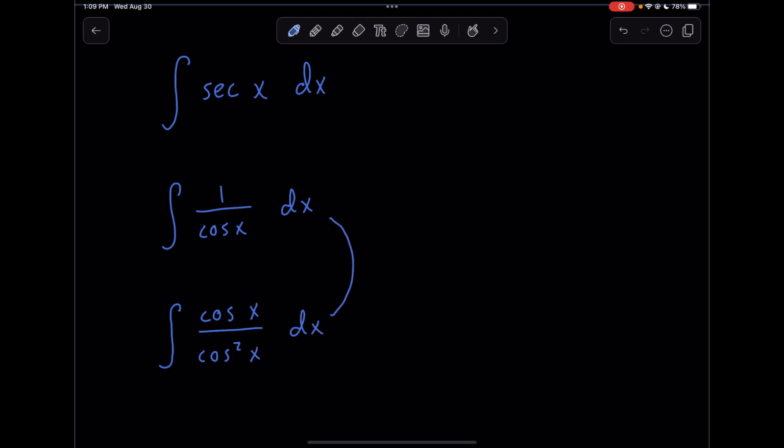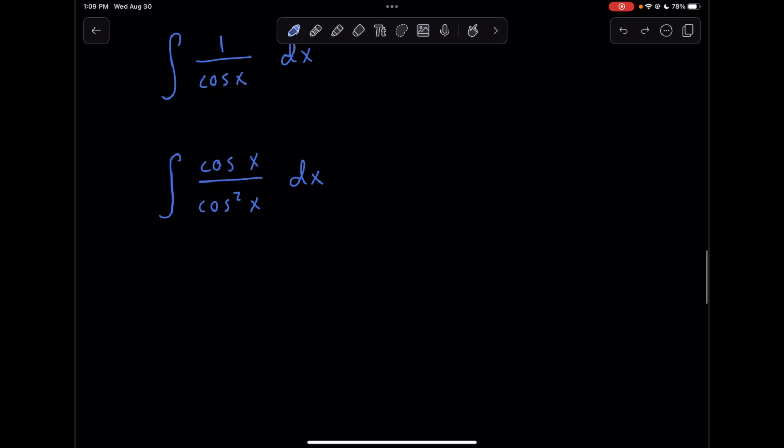The reason I want to do that is so that I can rewrite the denominator in terms of sine. So we'll leave the numerator cosine of x dx, and we can use our trig identities to convert the bottom to 1 minus sine squared of x.